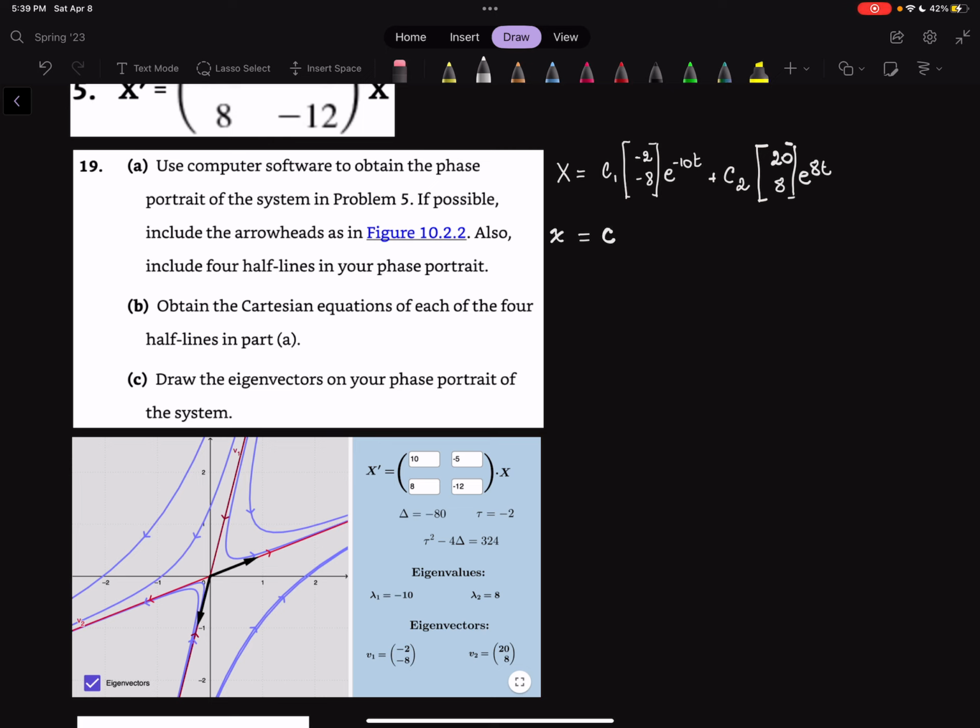If I assume that this is my vector x and y, then I can say that x is equal to -2c1 e to the -10t plus 20c2 e to the 8t, and y is equal to -8c1 e to the -10t plus 8c2 e to the 8t.